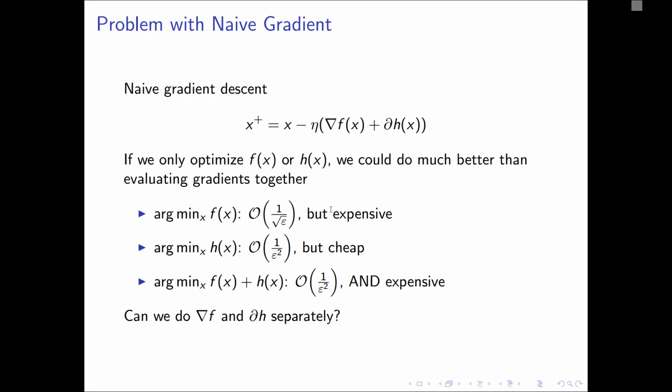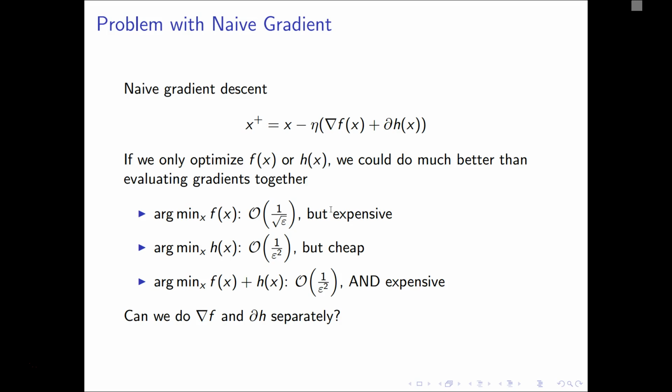Then 1 over epsilon squared will be something like 10 to the 10th, whereas 1 over square root of epsilon will be something like 10 to the 3rd or 2nd. But since evaluating each subgradient of h is quite cheap, that's not a very big problem.